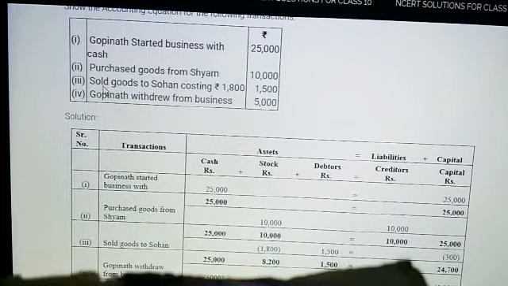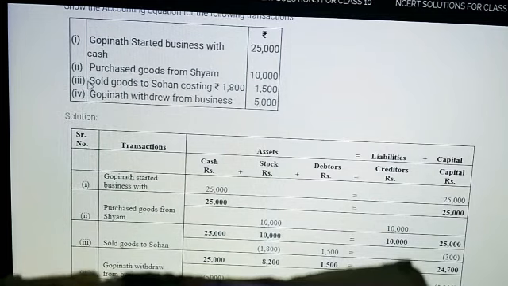Now the third item is sold goods to Sohan costing rupees 1,800 for 1,500. Whenever we sell something, we always have the purpose to get a profit, but in some cases we may get a loss also.